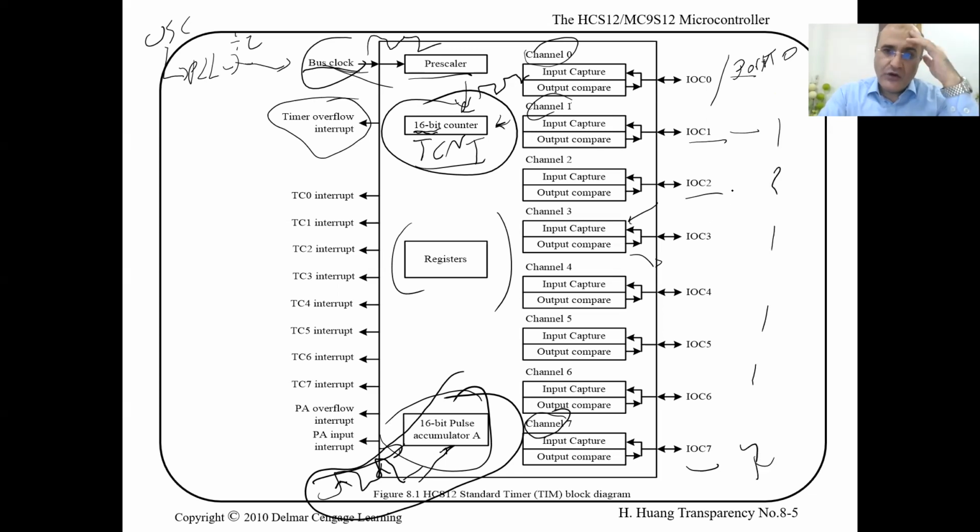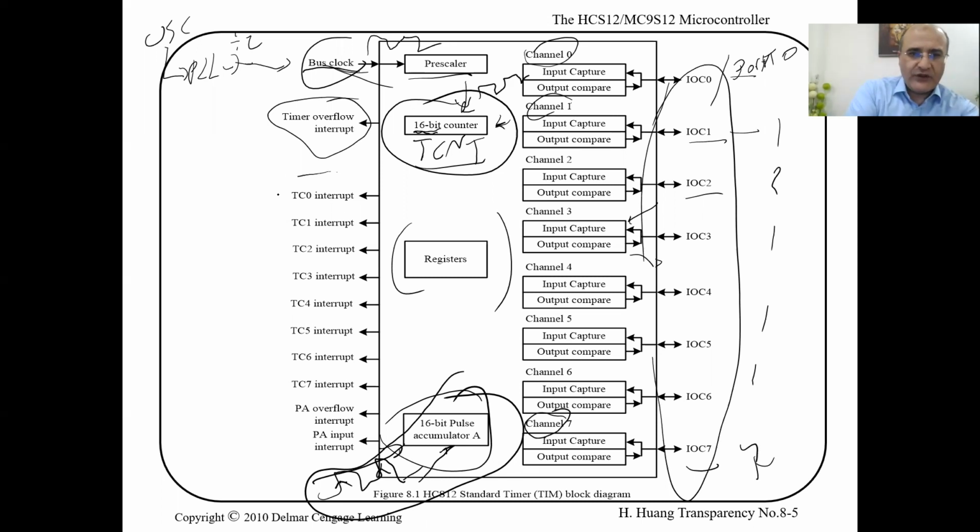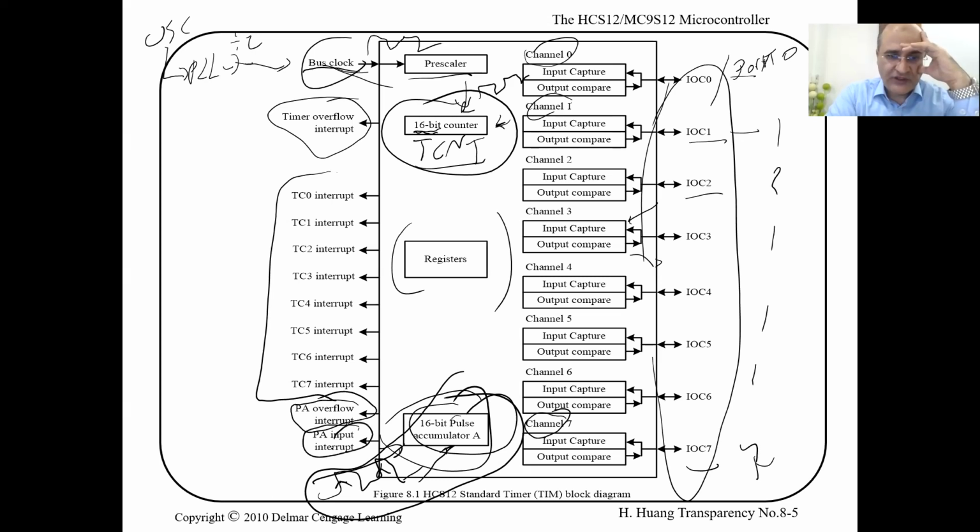Okay. All of these on an input capture event or output compare event, they all can generate interrupts. The pulse accumulator on an overflow can also generate an interrupt. The pulse accumulator on a pulse accumulator input, on a clock coming in, also can generate an interrupt.